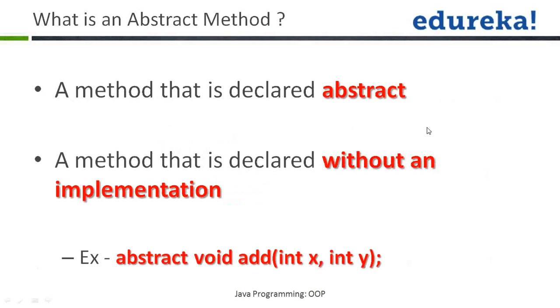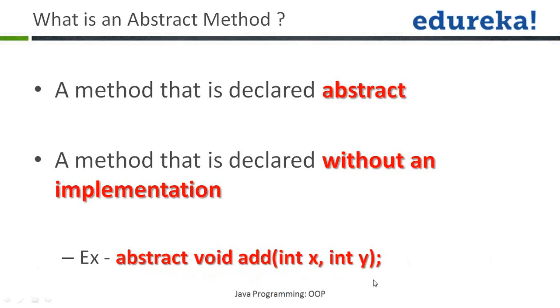Similar to an abstract class, abstract methods also do not implement the definition within them. A method that is declared abstract, first of all. Second, a method that is declared without an implementation, that is, you do not provide the definition within it. That means the body of the method is empty. For example, abstract void add, you pass the parameters and put a semicolon right here itself, the braces are not opening up.